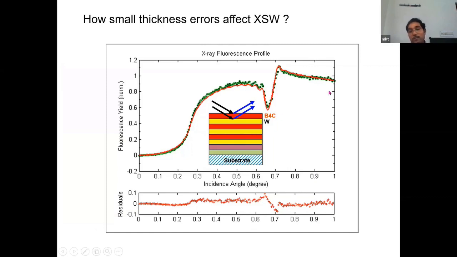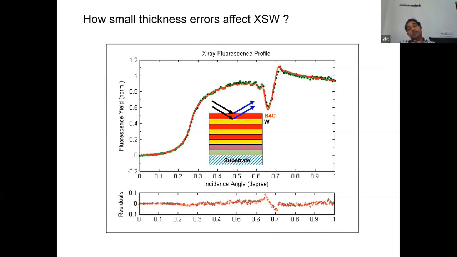We could not achieve a fit with the similar model. Then we realized there was some error, some problem. So we put in an independent model, and when we allowed one slightly larger tungsten layer thickness, we immediately got the fit.